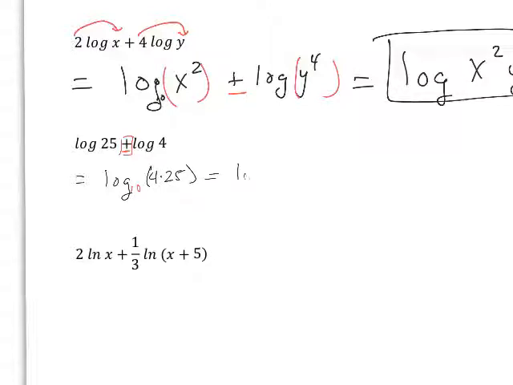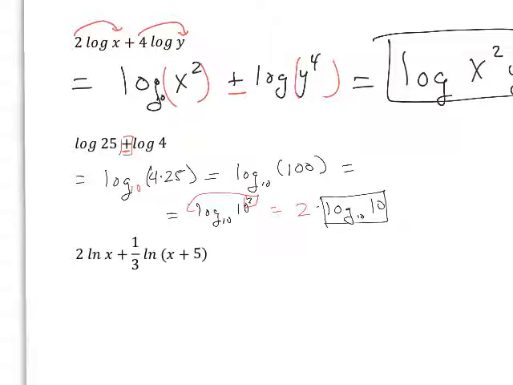Just pay attention with one like this. We have to remember that at all times that identity property can creep in there. This really is the same thing as saying log base 10 of 10 squared, in which case this exponent of the 2 comes in front, times log base 10 of 10, and all of this is equal to 1. So the final answer I have with this one is 2.